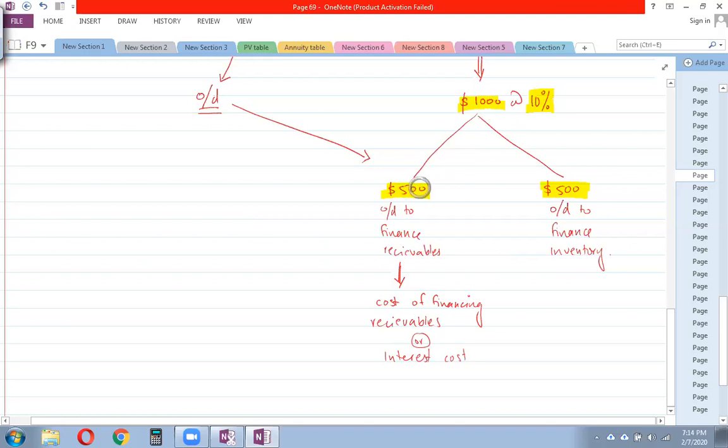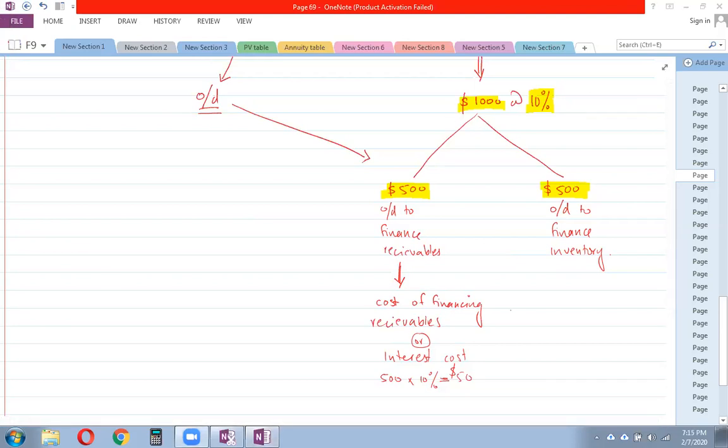Well, 500 is the finance for which they have to pay 10% interest. So how much will be the cost of financing? $50, isn't it? That's what we call the cost of financing receivables, right? Now, is it clear, everyone? Is there any issue? Please stop me if you face any issue.